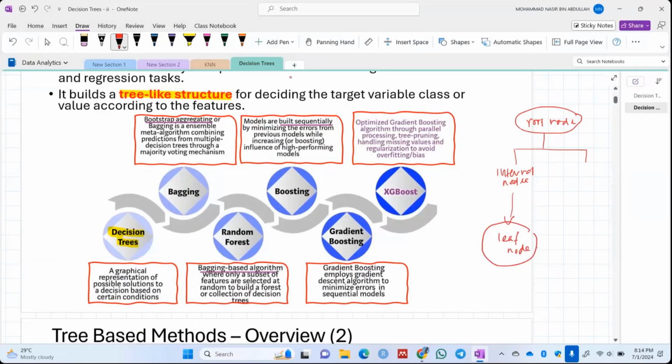So the extension of decision tree is bagging. We have extensions such as bagging, random forest, boosting, gradient boosting, and XGBoost. So bagging, random forest, and boosting, all of these fall under ensemble method, right? So bagging will apply bootstrap aggregation, right?